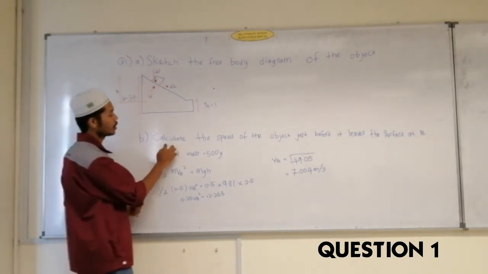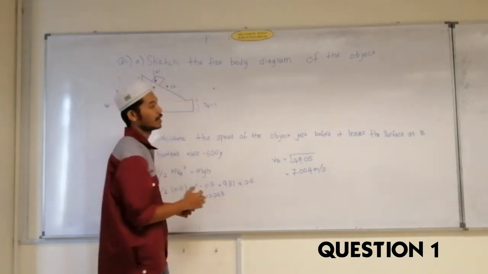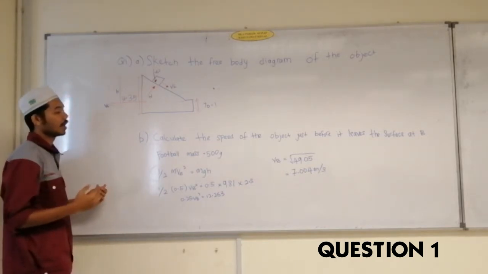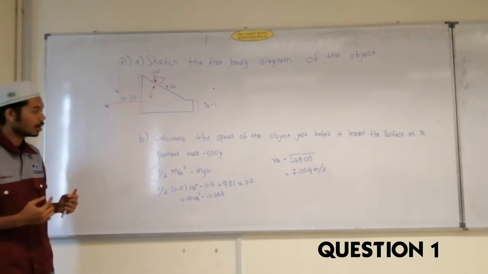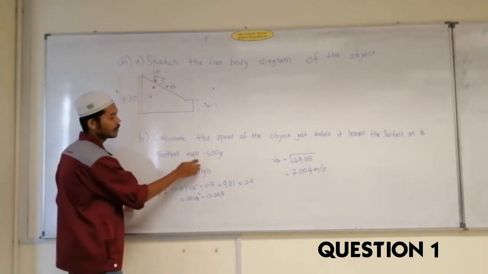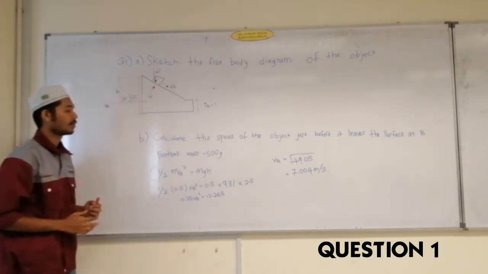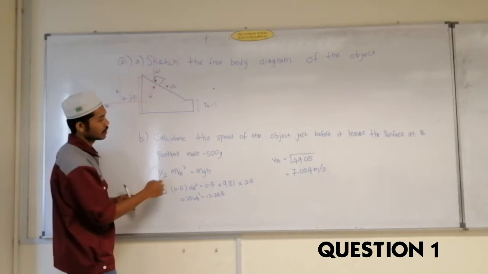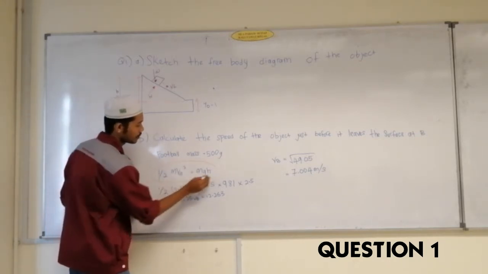The next question, you want to calculate the speed of the object just before it leaves the surface at B. It means you want to know about our project. For our project, we use the ball for the football match, 500 gram. Before we solve this question, we use this equation.